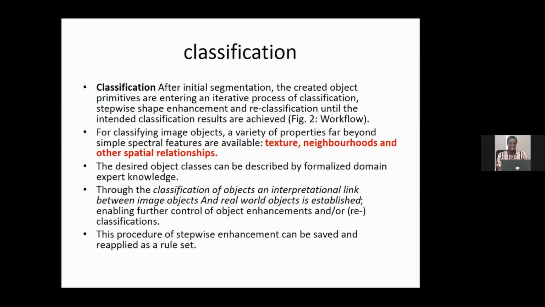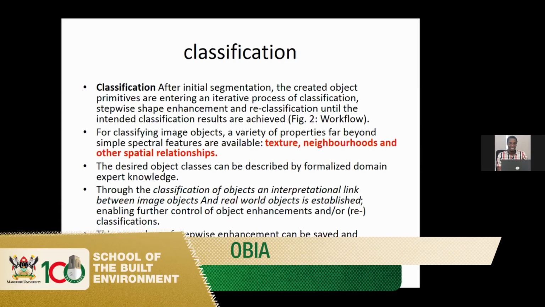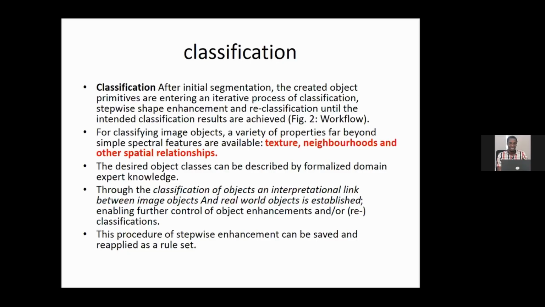You create a segmentation, but if the segmentation doesn't work for you, then you go back to the segmentation algorithm, change the shape characteristics and the form, try to enhance them, and then do the classification again until the intended results are achieved. When I talk about enhancement, what I mean is that you just have to go to the shape characteristics and change them. So I'm just going to show you.